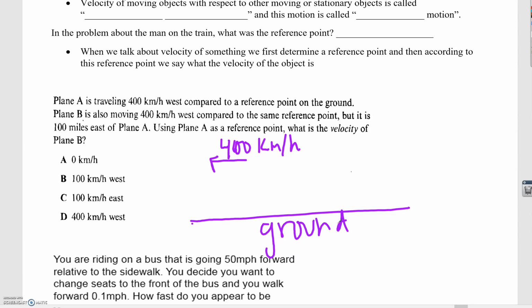Plane B is also moving in the same direction with the same velocity. So we have two planes compared to the same reference point, but plane B is 100 miles east of plane A. So they're separated by 100 miles.